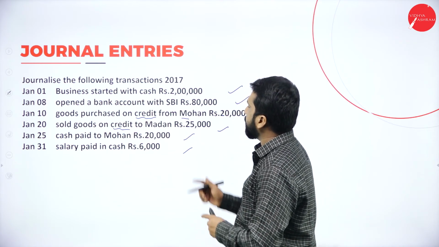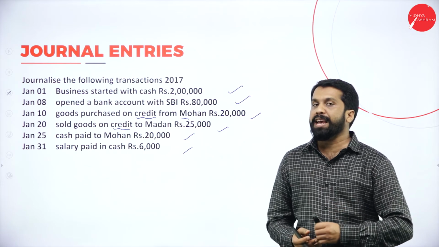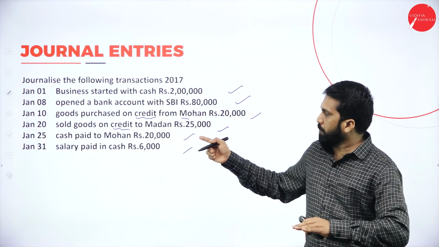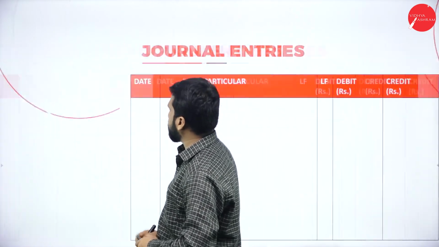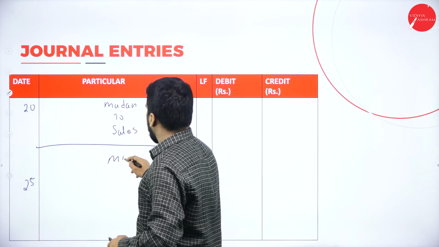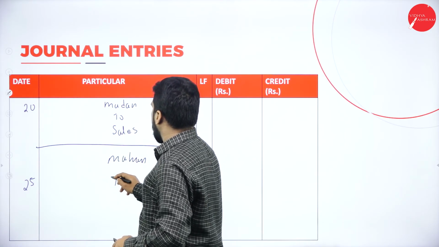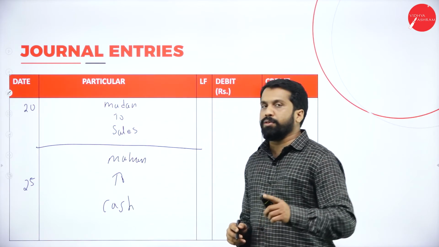What will be your answer? Cash paid to Mohan. Are you receiving or paying? You are paying. Cash should be credited. What will be debited? Mohan to cash. 20,000. January 25th. Filling in the amount and all, you know better.